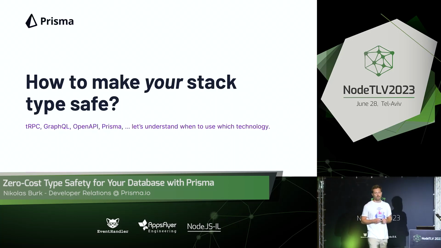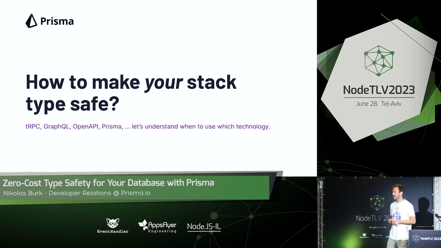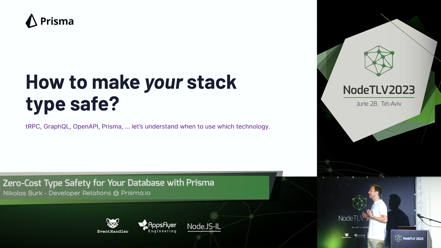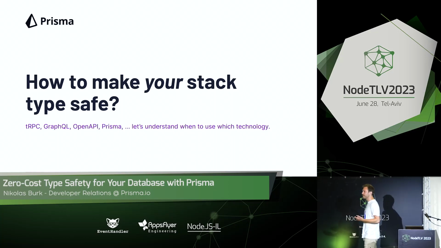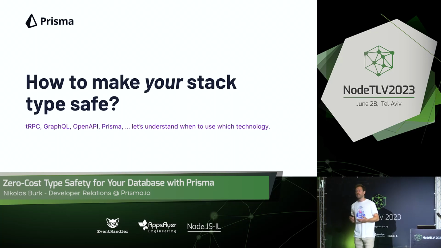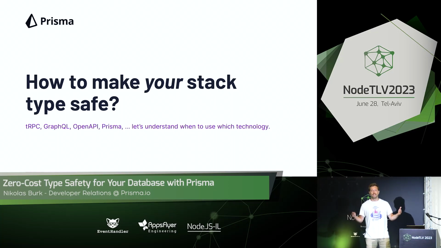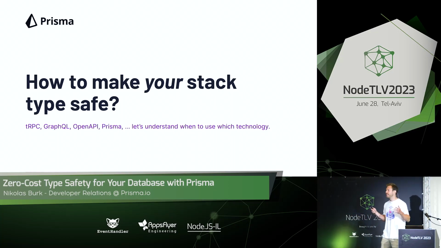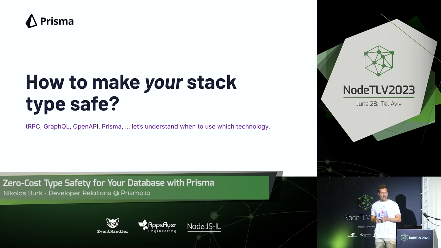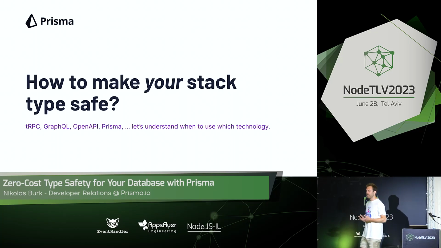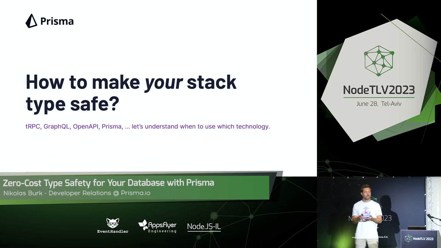All right, let's move on to the next section of my talk, and that's how you can make your stack type safe. And in this section, I particularly want to talk about some technologies that help you to get end-to-end type safety across your entire application stack. And we've already seen the benefits of TypeScript, but by default, they apply only to a single piece of software that's deployed somewhere.